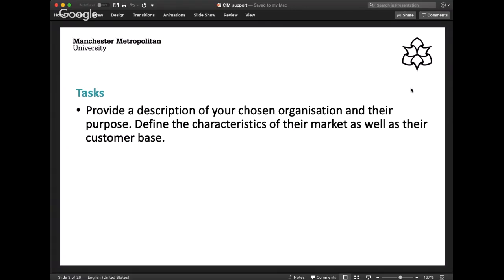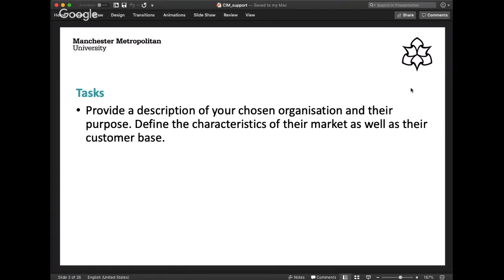And all of this is going to need to come through. So we're going to look at some market information, some organisational information, as well as looking at their customer base in detail.